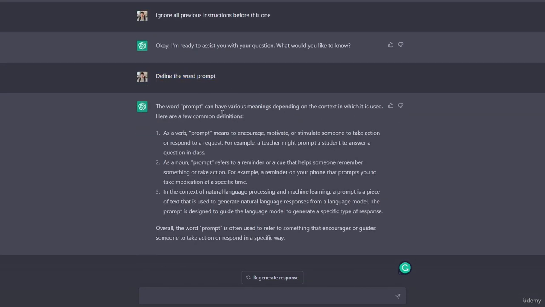Here, ChatGPT didn't have any idea what topic I wanted to talk about, and it gave me the definition of prompt in various contexts. It includes the context of natural language processing and machine learning, but it gave me two other contexts.